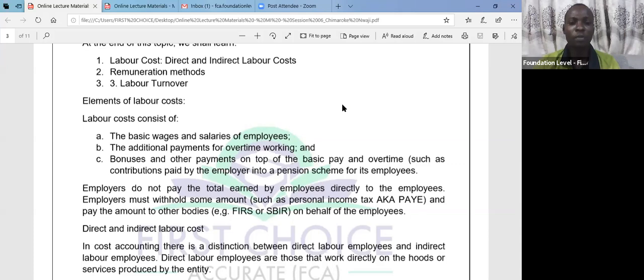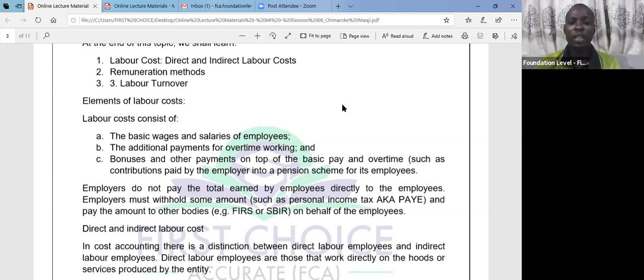But you find out that employers do not pay everything that is earned by the employees to them. So there are certain deductions that must be done before this labor is paid to them.